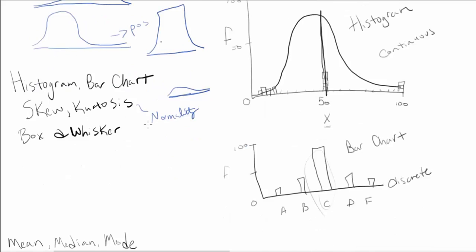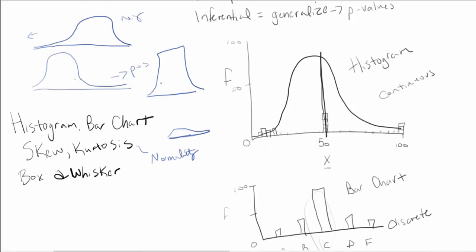The other kind of graph that we will use over and over again is called a box and whisker. This is how I typically identify outliers. They're very good for that. So in SPSS, you'll get a nice looking plot like this, where you have a box. Typically that box will have a line right in the middle. And then you have these little whiskers coming off, right? These little points give you a sense of the variability of your data.